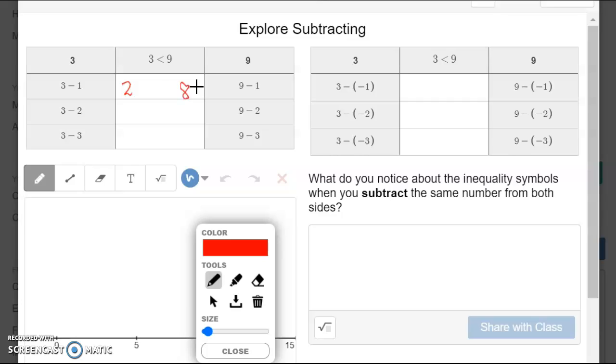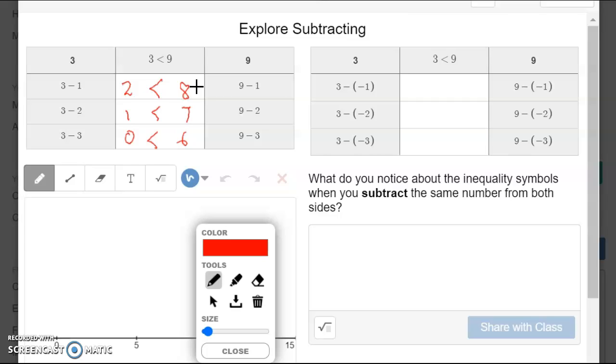Which is the bigger number? 8 is the bigger number. What's 3 minus 2? That's 1. What's 9 minus 2? It's 7. Which is the bigger number? 7 is the bigger number. 3 minus 3 is 0. 9 minus 3 is 6. Which is the bigger number? 6. Notice the inequality stayed opening to the right when we subtracted the same number from both sides.